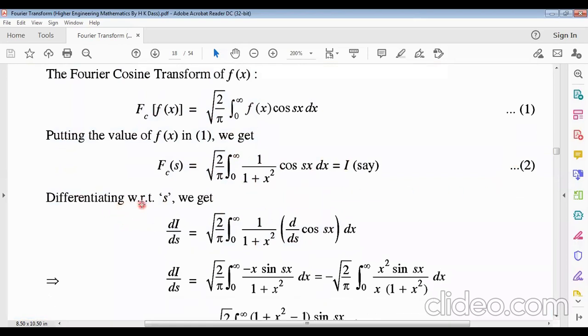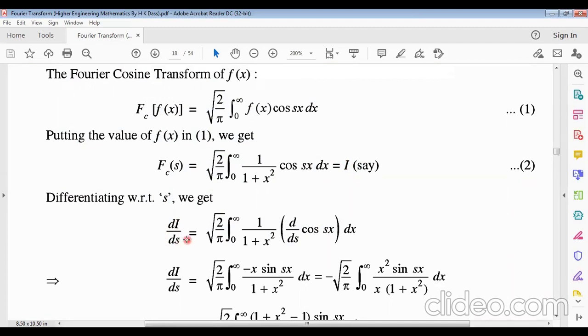Now differentiating with respect to s, we have to differentiate this integration I with respect to s. Remember it: dI by ds. S is the independent variable here and I is the dependent variable.